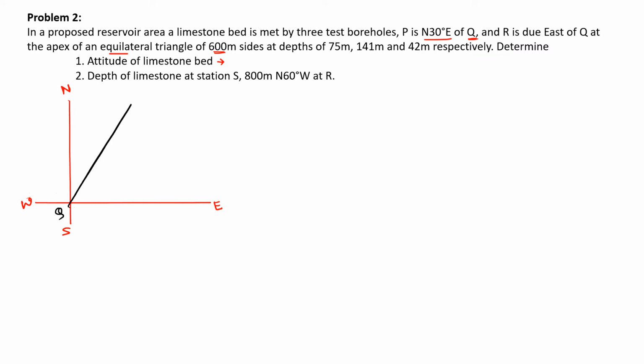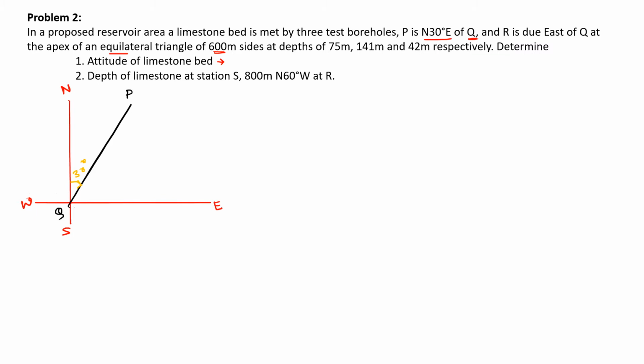Okay, so this is my north 30 degrees, north 30 east. Now this is my point P.